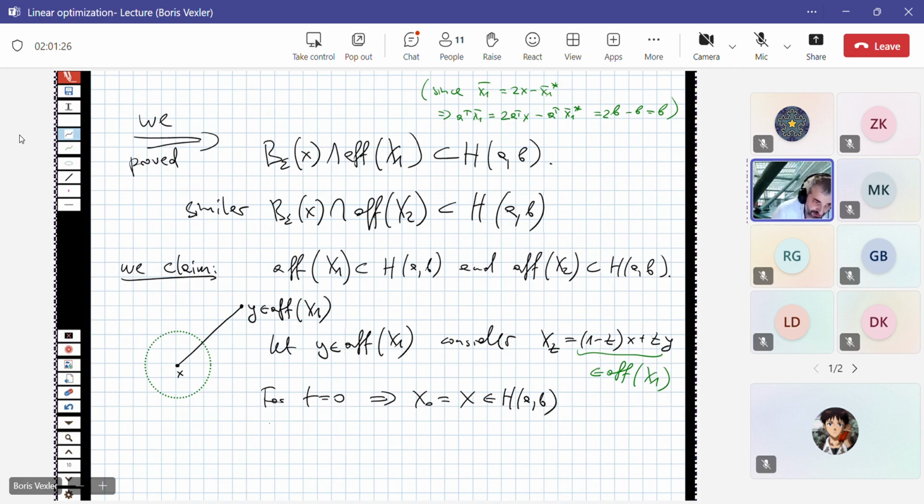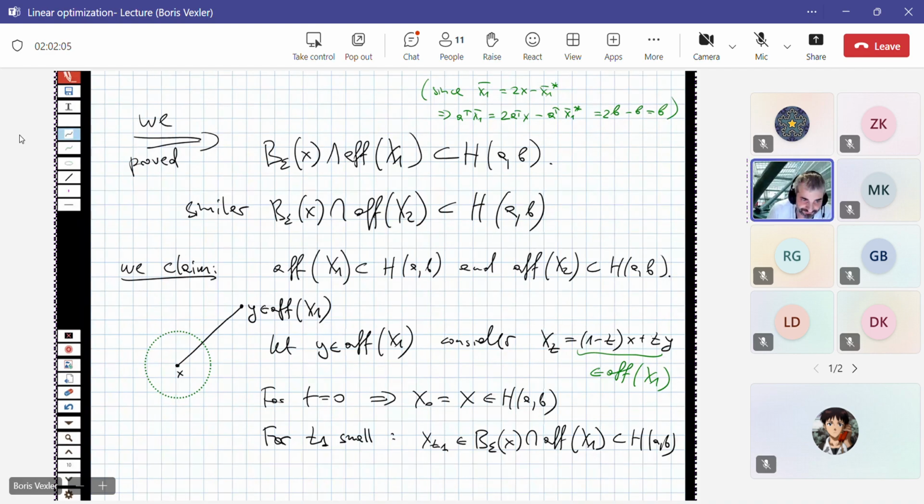Now for t1 small, taking it smaller than epsilon times something, we get that this X_t1 will be in the ball B epsilon, and of course it will stay in the affine hull of X1. Therefore it will be in H_AB.